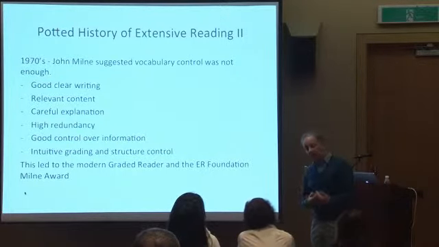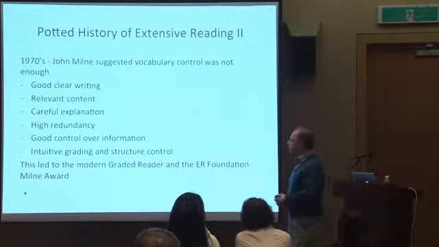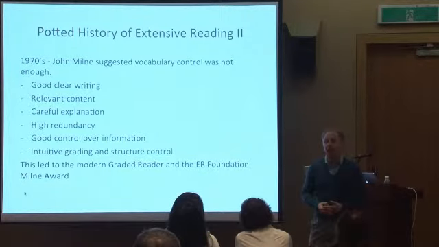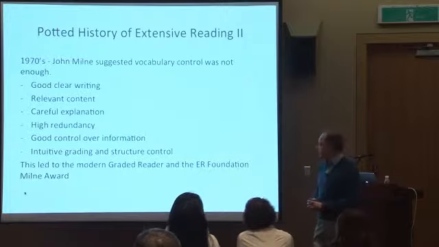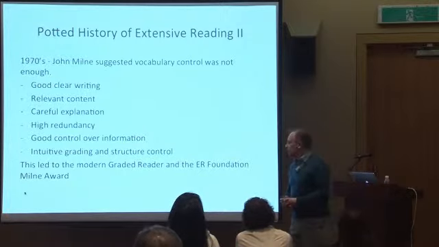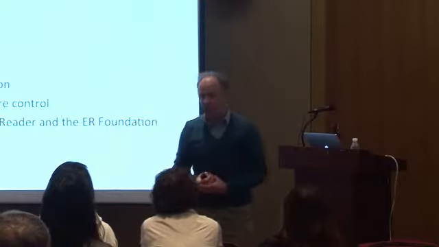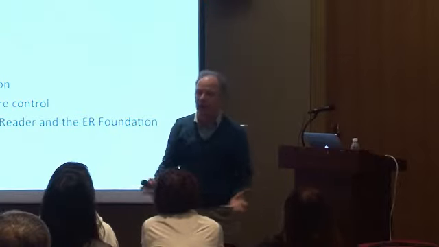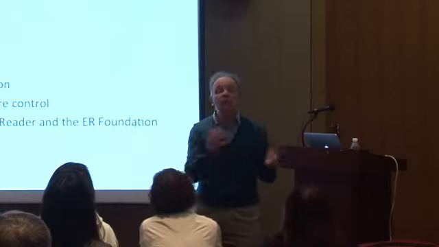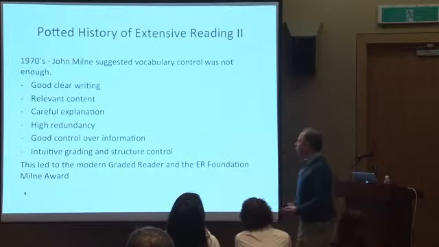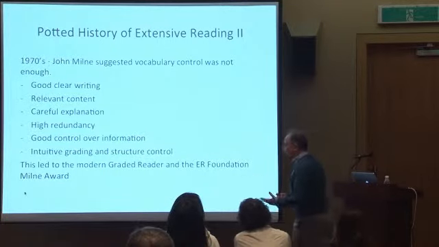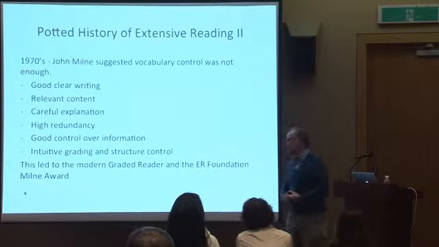We need to think about the plot, the characters, relevant content, carefully explain certain words if they are not in the word list. High redundancy. Redundancy here means extra explanation of words. We add a lot of extra context to the words, to the meaning, to make sure it's understood. Good control over the information, not just the language, and intuitive grading and structure control.